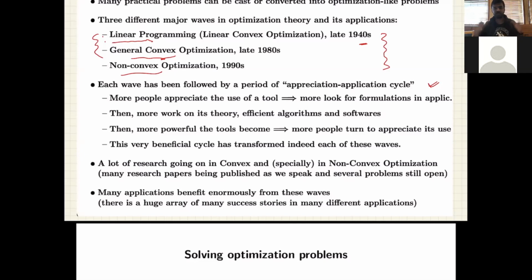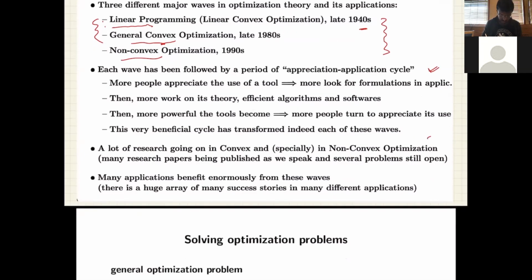Everything tied together, and the theory of convex optimization became extremely useful. After the 90s or 2000, it became very useful in machine learning, signal processing, communication, everywhere. So we have benefited very much from the advancements in this area.